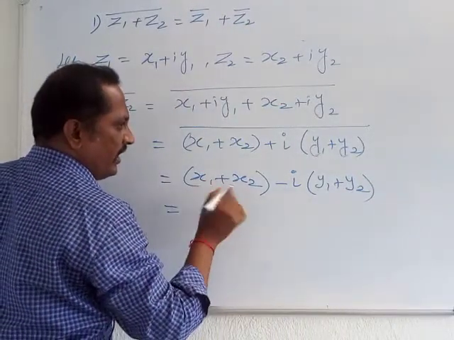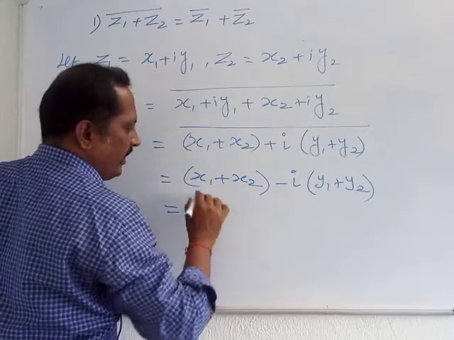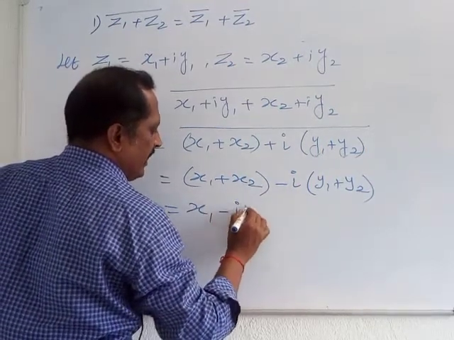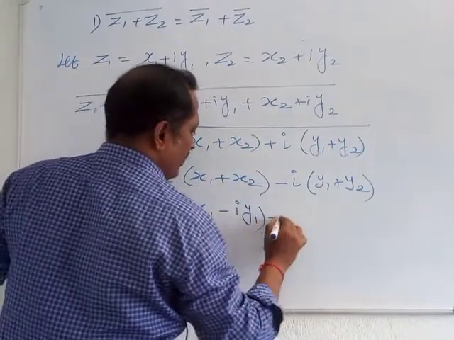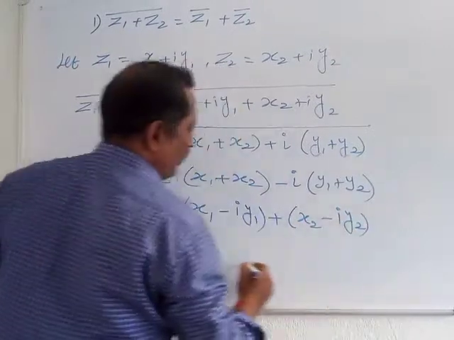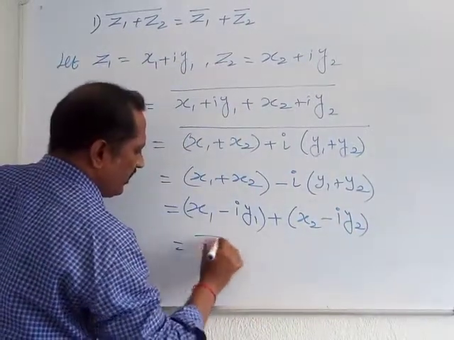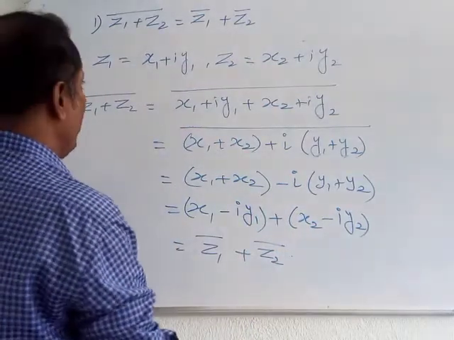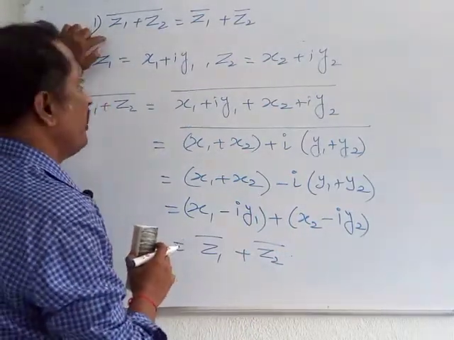So combine the real and imaginary parts: x1 minus iy1 plus x2 minus iy2. So this is z1 bar value, this is z2 bar value. This is the proof for the first property.